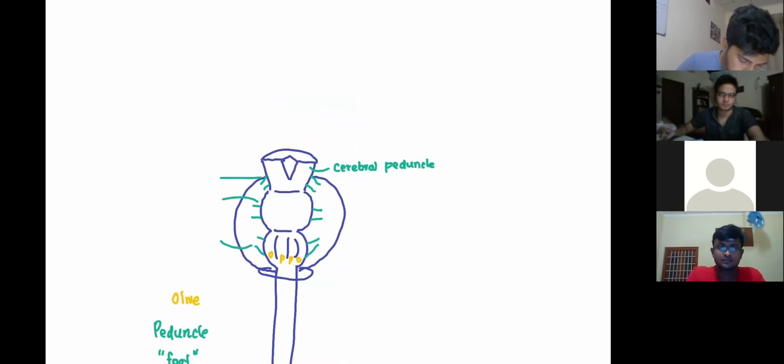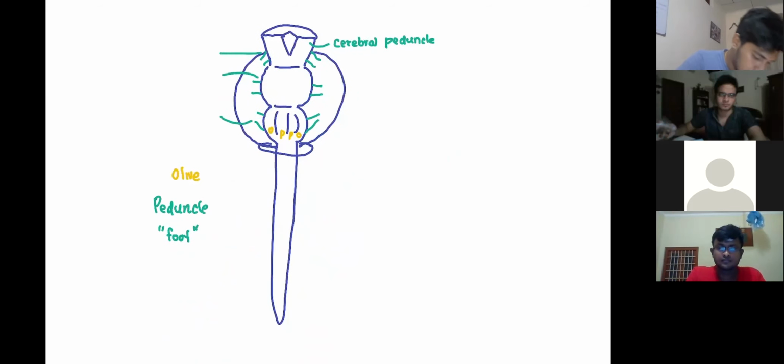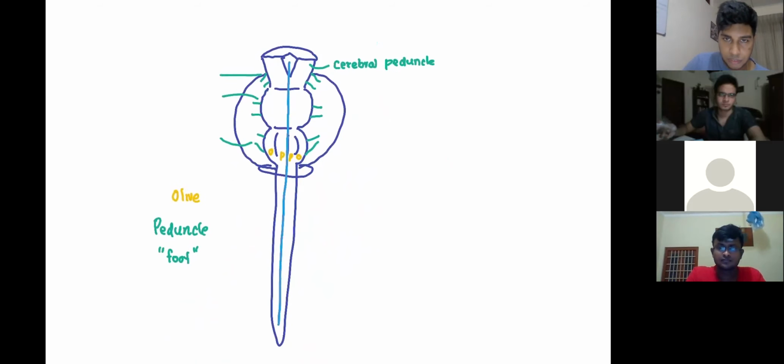Now, let me talk about the ventricles and the CSF flow. In the spinal cord, we have something called the central canal, where you get CSF flowing. Let me just draw a diagram of the spinal cord.